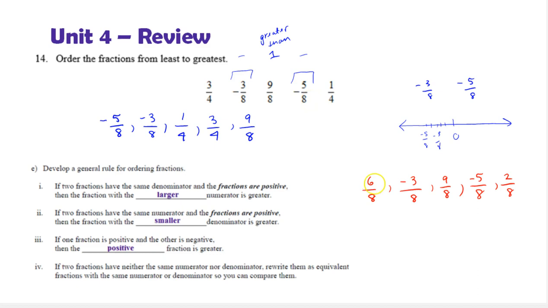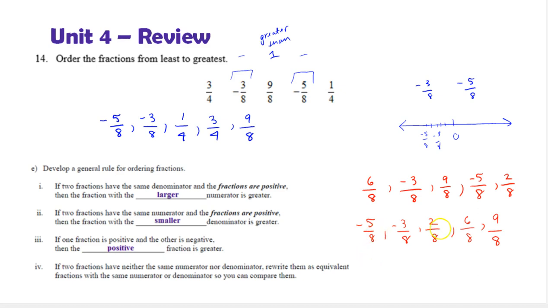Okay. And then you can just look at the numerators and think of integers. Well, the smallest integer is negative 5, then negative 3, then 2, then 6, and then 9. Once you've written them in order, you need to put them back in the original form.